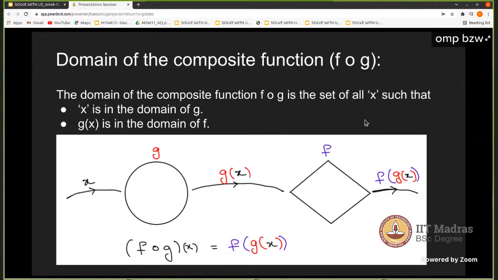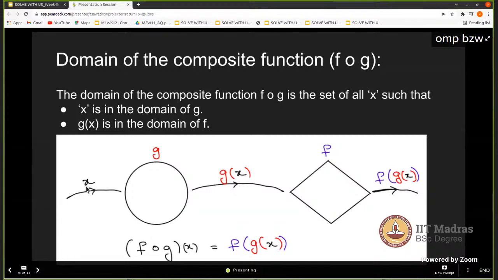On the screen, this particular black x will go into this function G. If this x has to go into this function and produce an output, it should be in the domain of G. So whatever x I am taking, that x should be in my domain of G.